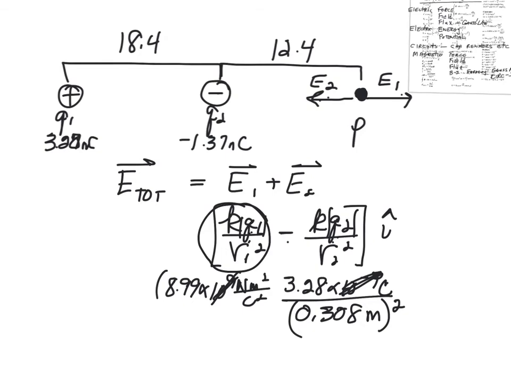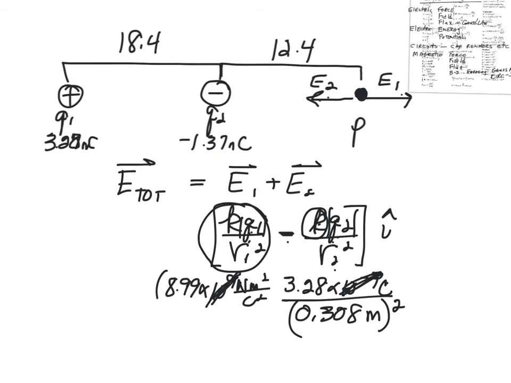Now what are you going to do over here? You're going to do the same thing. This is going to be 8.99 times 10 to the 9th. This is going to be, just put the number in because we have the negative sign here, 1.37 times 10 to the minus 9. They cancel, the 10 to the minus 9 and 10 to the 9th. And what's the distance?